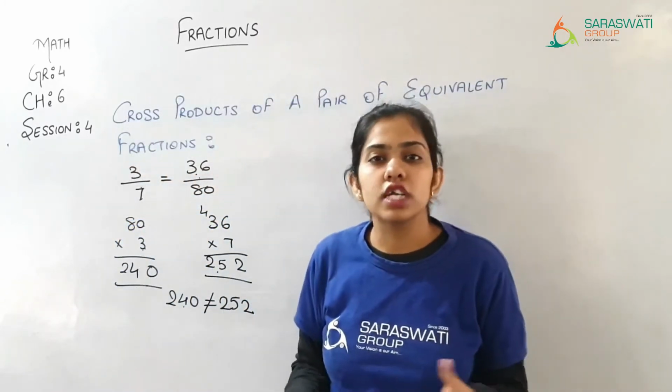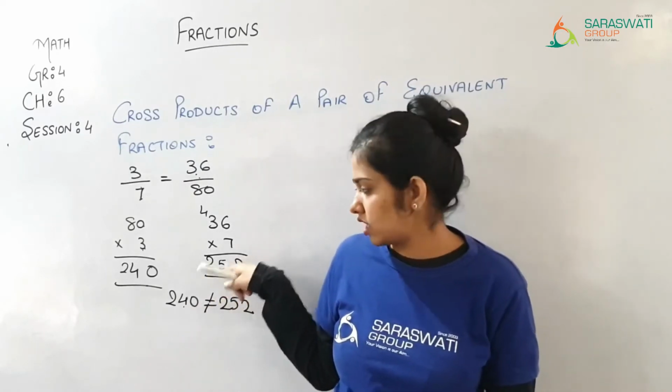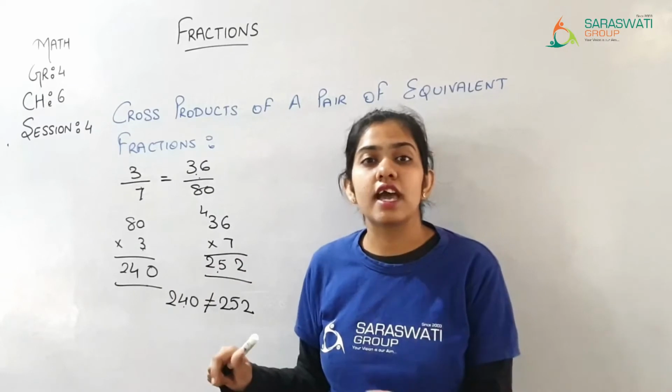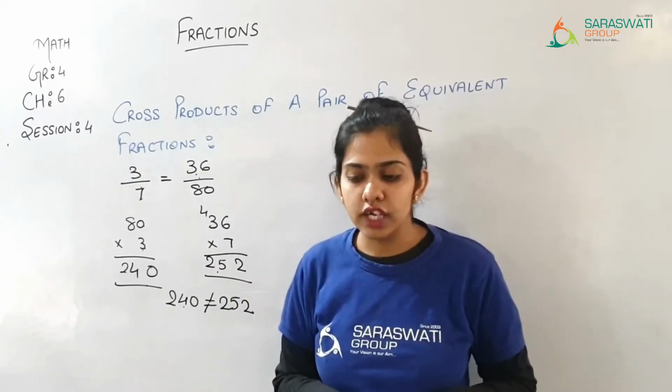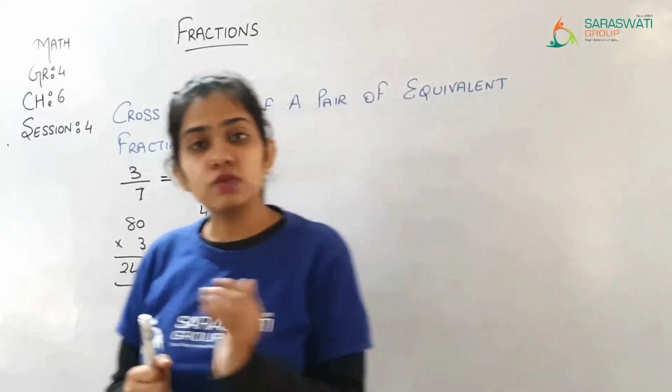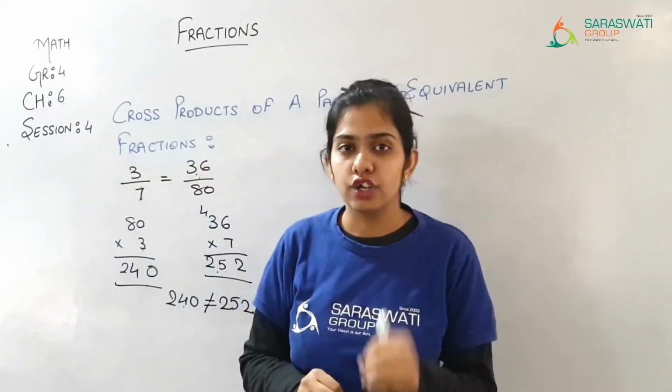Otherwise it is not equivalent. Here, see, I have made a sign of not equivalent, equals to and then cross. That means it is the sign of not equivalent to each other. Okay, so in this way you can check whether the fractions are equivalent or not.